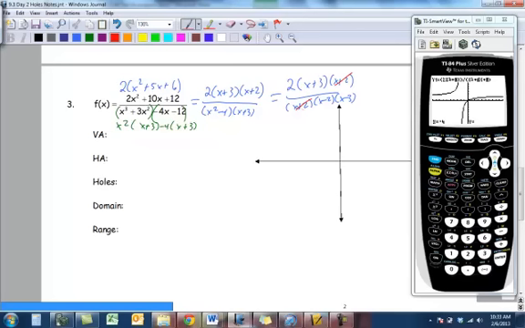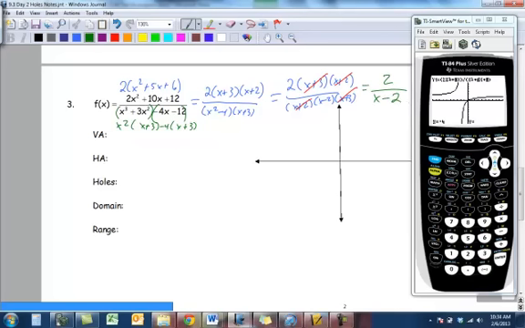The x plus 2's cancel. Oops, that's a plus 3, isn't it? My bad. And the x plus 3's cancel. So what are we left with? We're left with 2 over x minus 2.